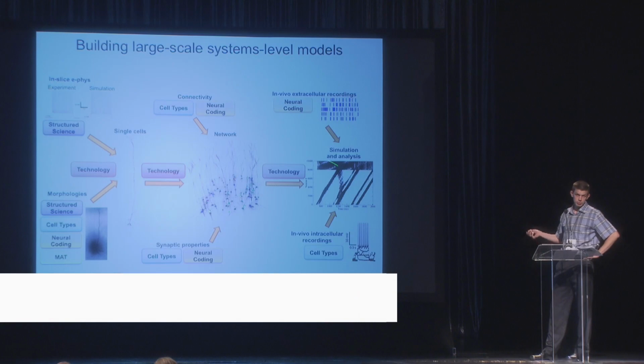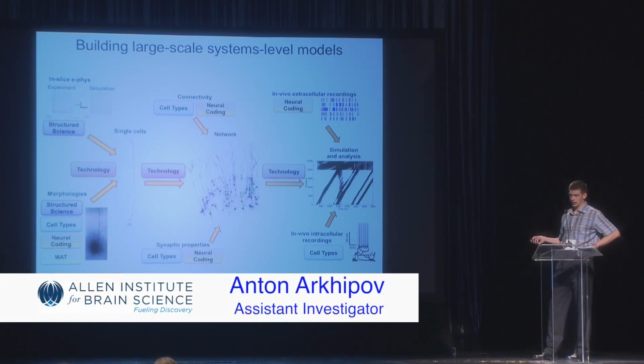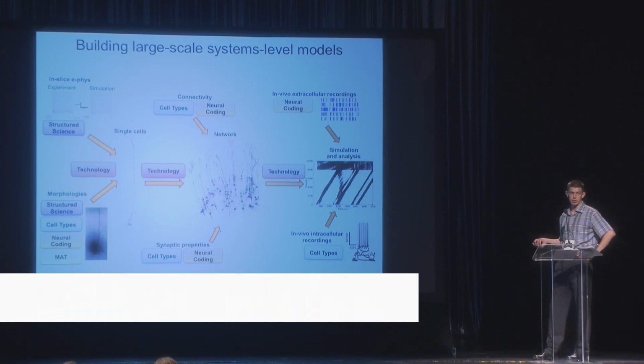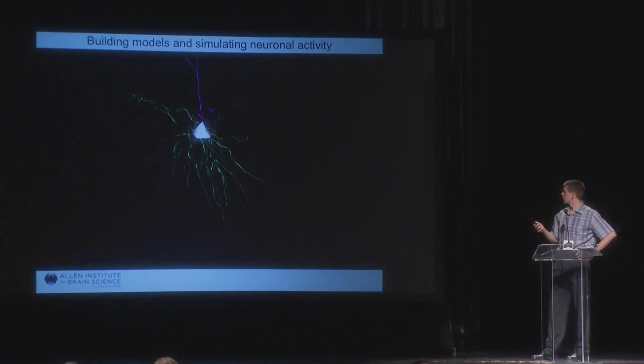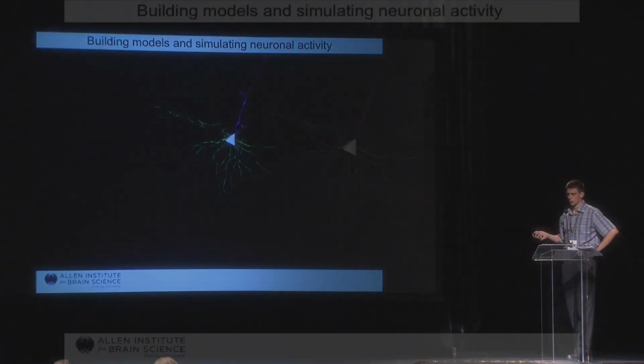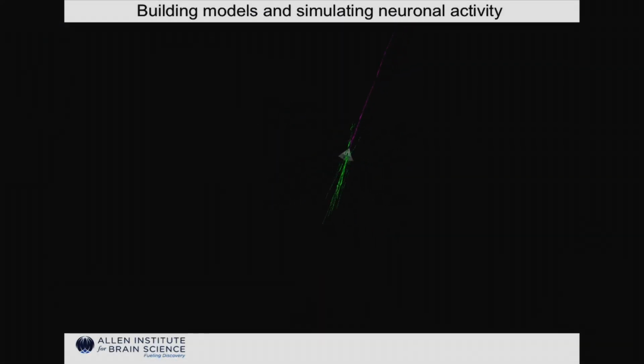And finally, we run simulations of these systems, and we compare the outcomes of those simulations with in vivo measurements, such as those described to you by Shomo, but also other types of measurements, electrophysiology, extracellular, intracellular. Let me just illustrate for you one such project.